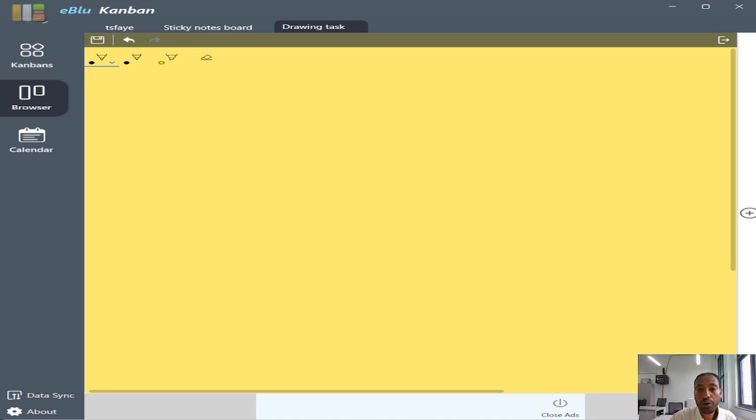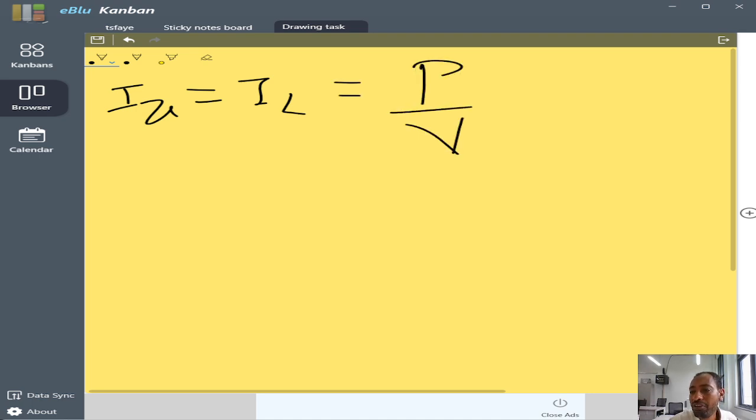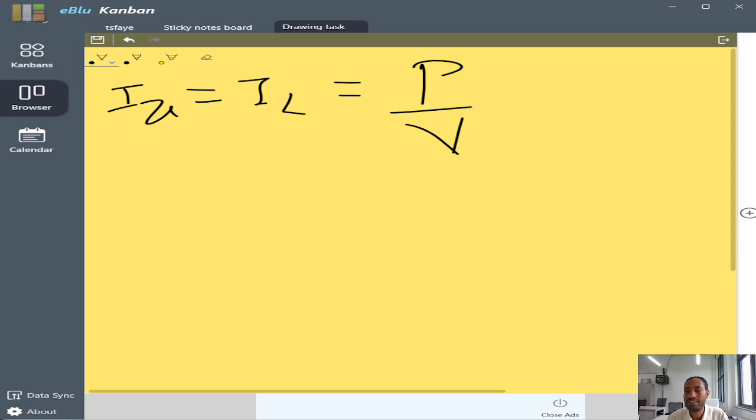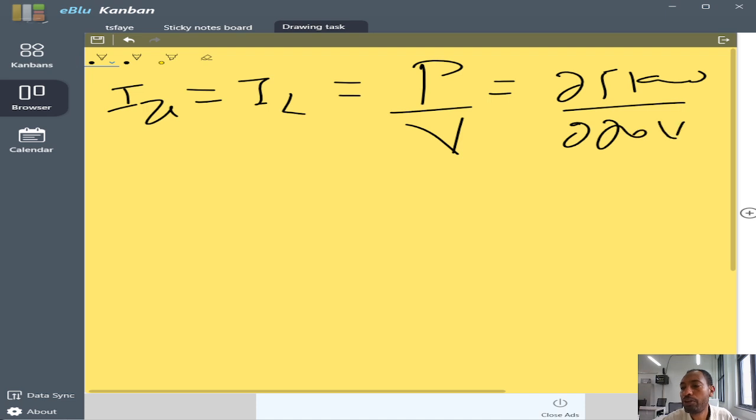Again, we know from the equivalent circuit IA is equal to IL, which is equal to P divided by V. It is separately excited, therefore IA is 25 kilowatt divided by 220 volt.